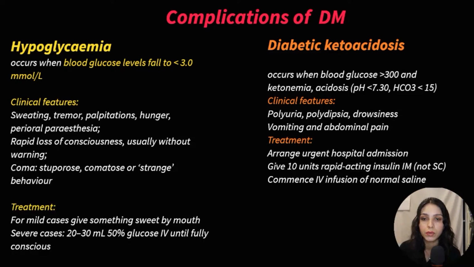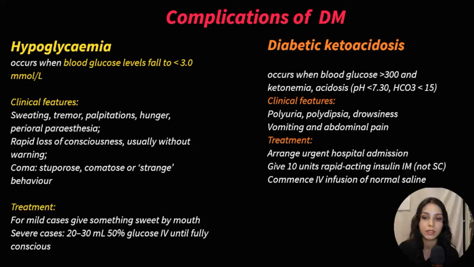It occurs when blood glucose level falls to less than 3 millimole per liter, and clinical features are sweating, tremor, palpitation, hunger, and perioral paresthesia. And also it could be rapid loss of consciousness, and it's usually without warning.